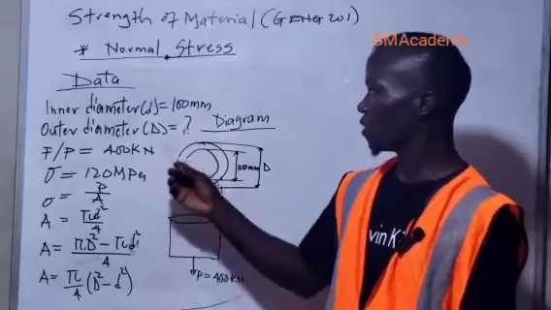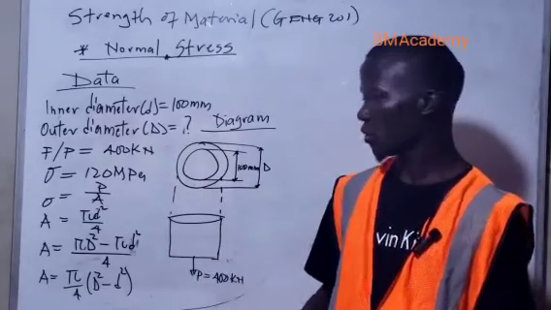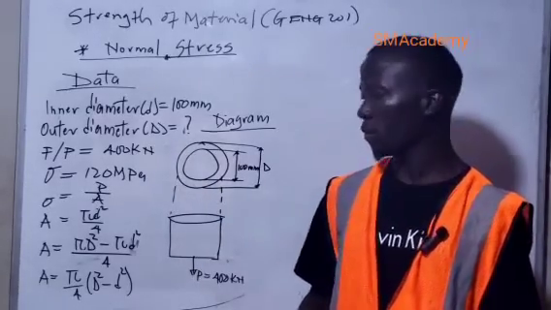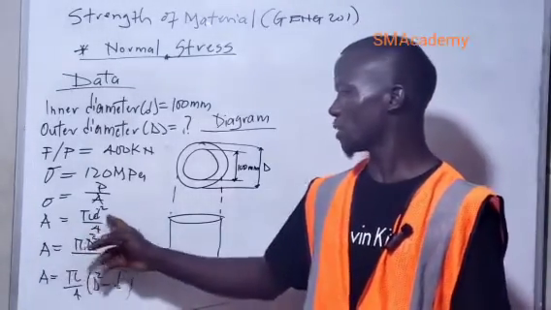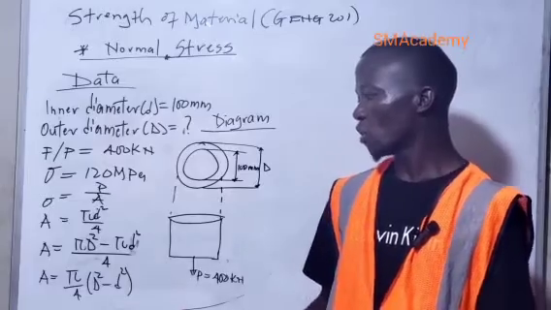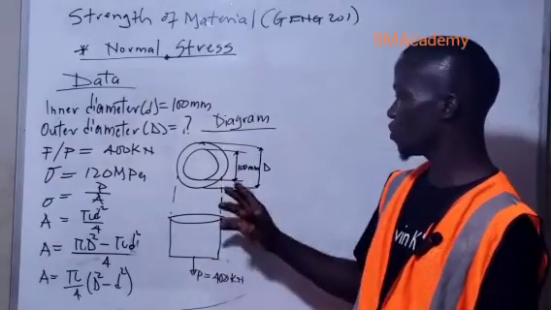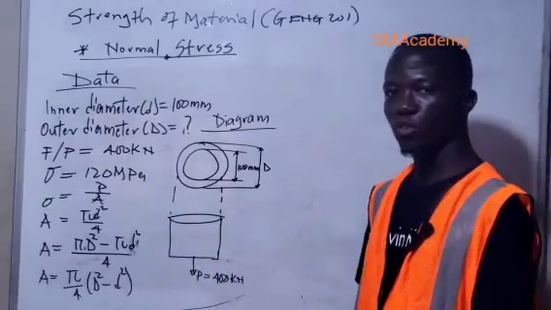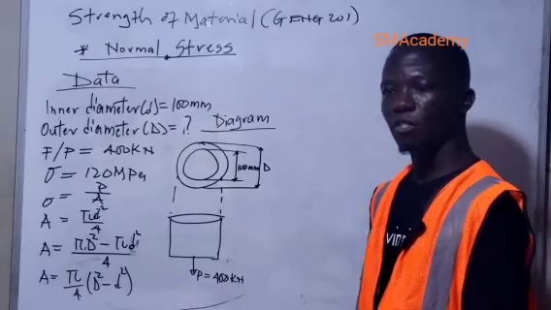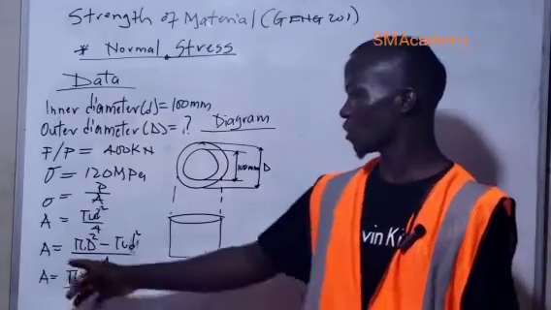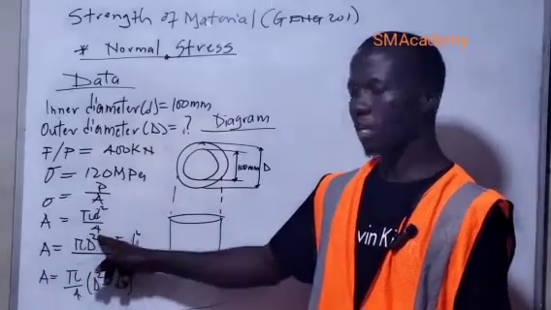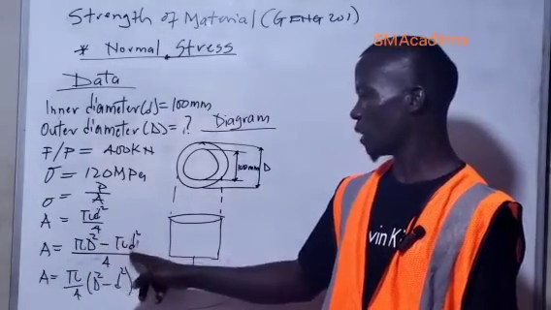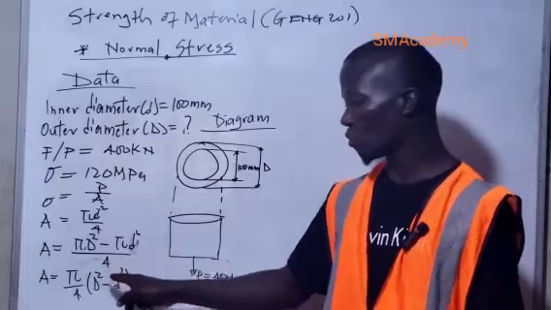So in order to find the outer diameter, we have to relate it to the area. We know the area is equal to pi d square divided by 4, but since we have two diameters, we have to subtract the inner from the outer. So area is equal to pi outer diameter square minus pi inner diameter square, divided by 4.